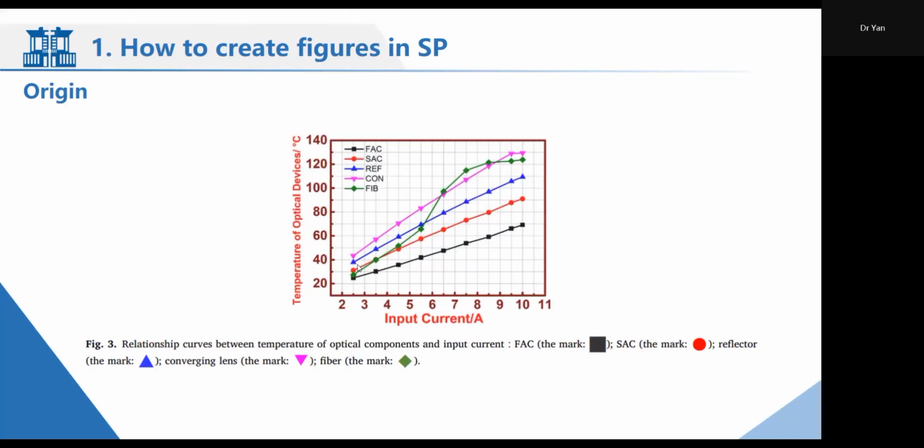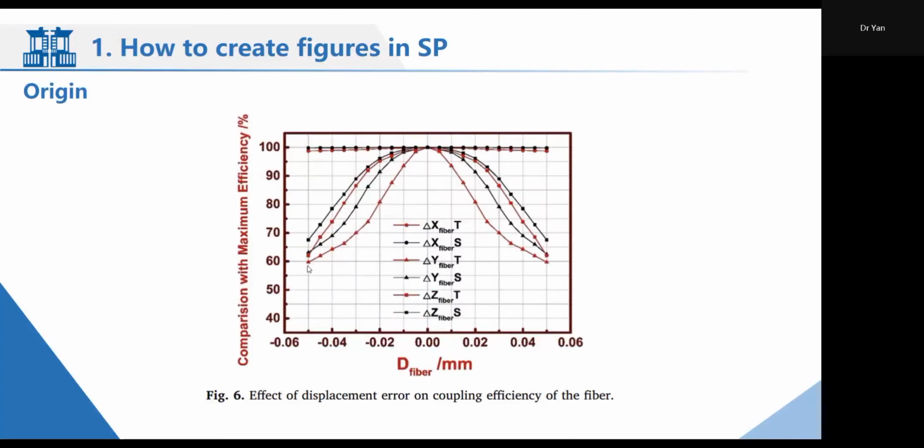That's what we can do in Origin. And of course, this one here is the same. You just put the data in Origin, and it will show a curve like this. Of course, for different types and colors of the curve, we set them in the software.